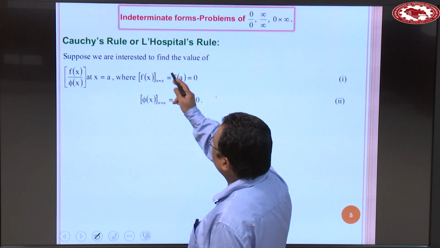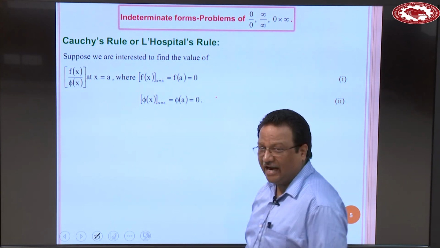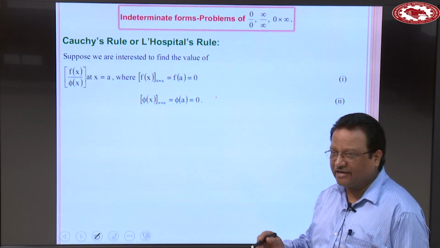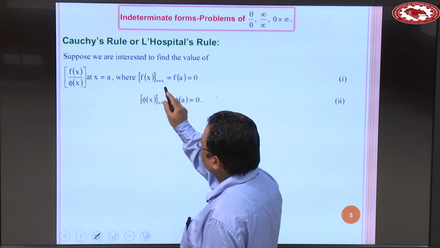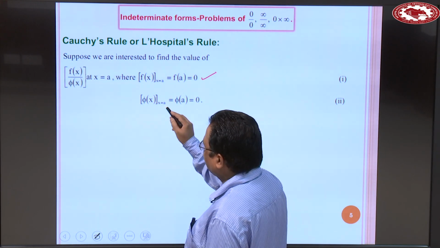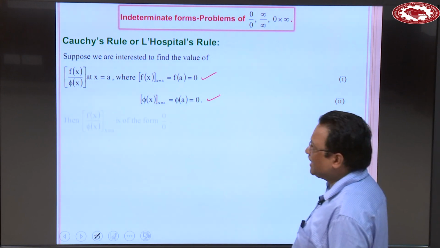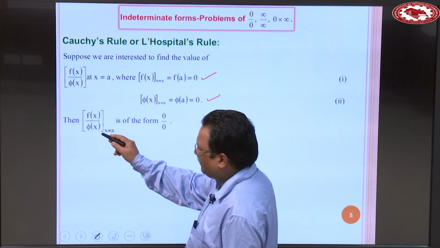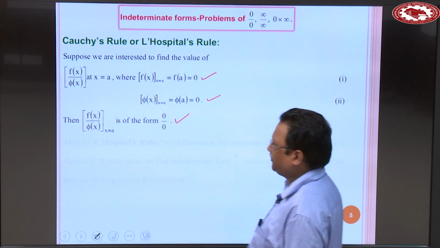Suppose we are interested to find the value of the function f(x) over phi(x) at x equal to a, the limit as x tends to a, where f(x) at x equal to a is f(a) which is equal to 0, and phi(x) at x equal to a is phi(a) equal to 0. Then it becomes 0 over 0 form.